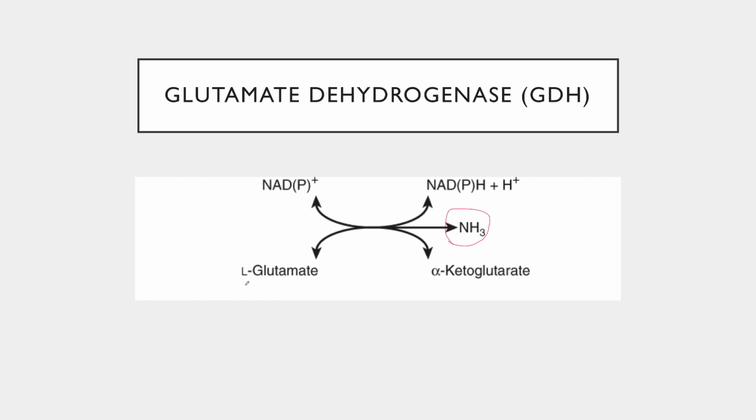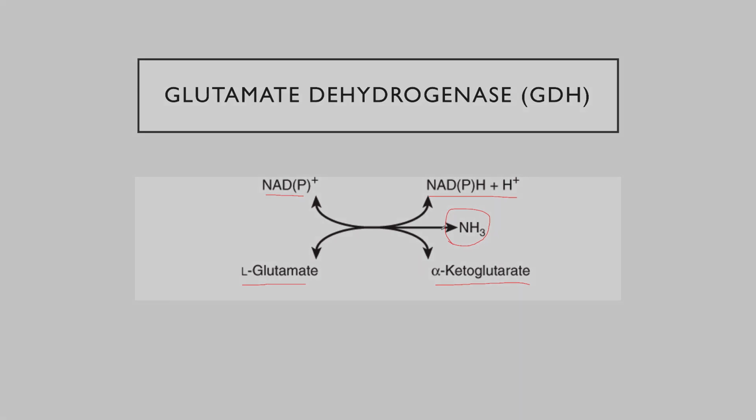In this example here, which largely takes place in the liver, you have glutamate coming in, interacting with NAD or NADP plus to generate our keto acid of glutamate, which is alpha-ketoglutarate, free ammonia and NADPH. The direction of the reaction will be influenced by several factors, including cellular needs, as well as the levels of NAD plus or NADP plus. Additionally, levels of free ammonia will also influence the direction of this reaction.